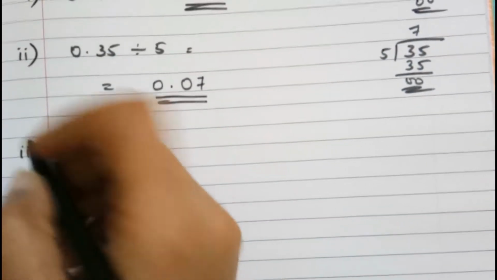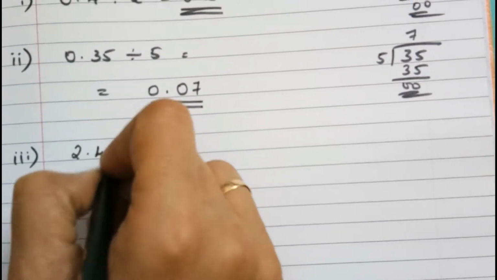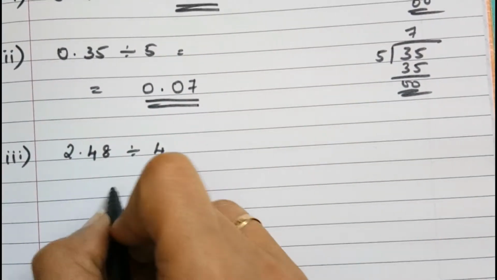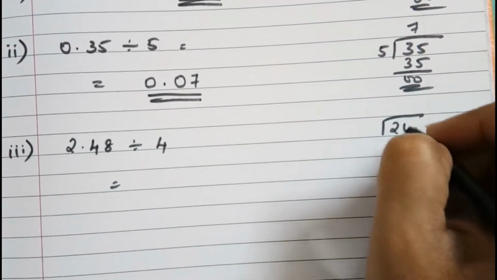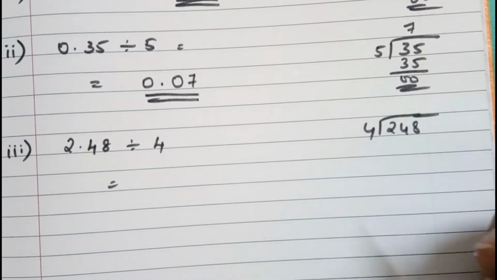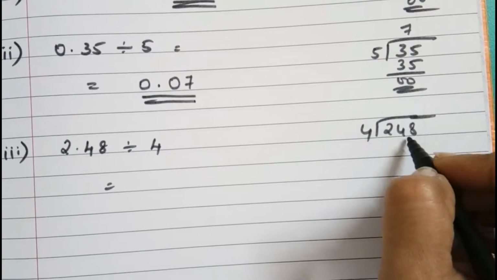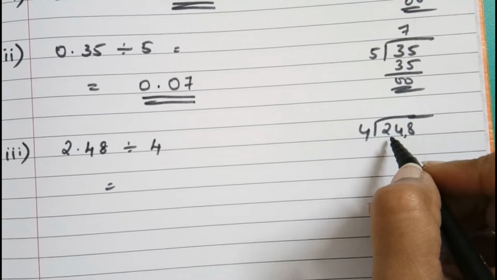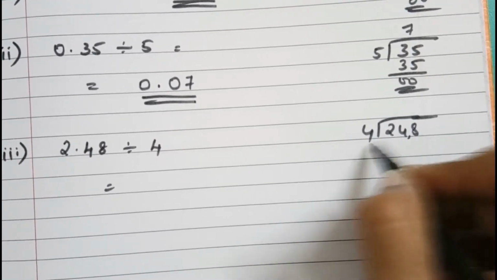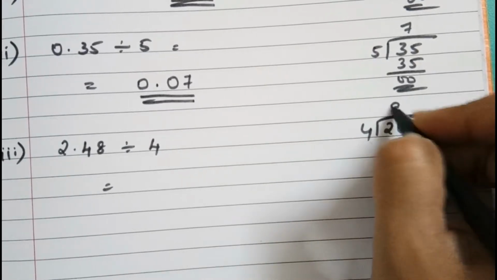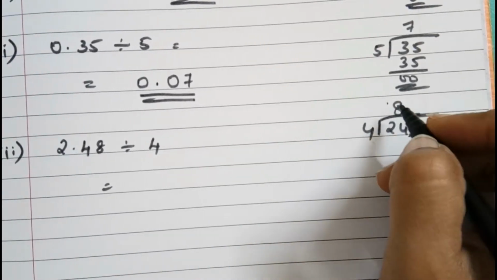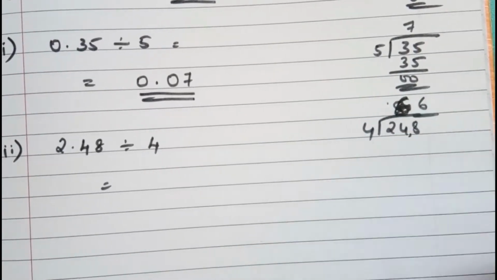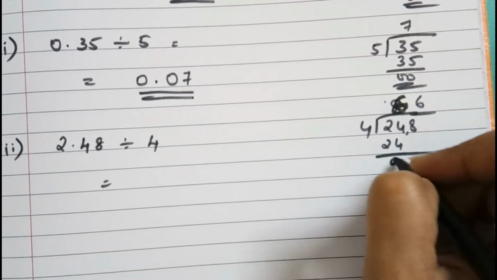Sub-question number 3, that is 2.48 divided by 4. Okay, so how will we take this here? 248 divided by 4. Since there is a big number, the first two digits will take part in the calculation. 24 divided by 4. How many times will this 4 go in 24? 6 times. 6 fours are 24. I'll put here 6. 6 fours are 24, remainder 0.